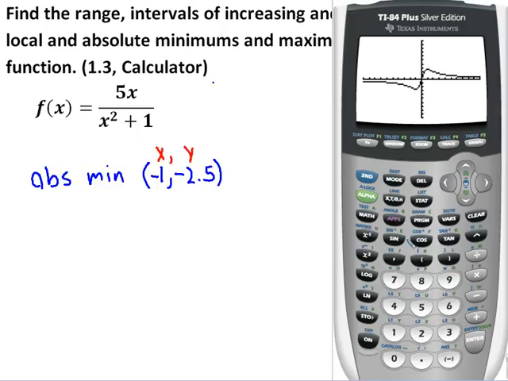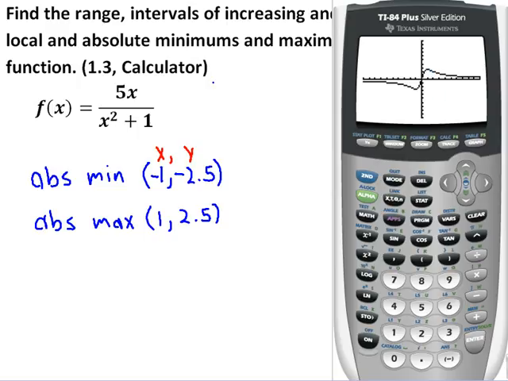And I'd say it's an absolute minimum because there's no point on the graph that goes below it. It's the lowest our graph goes in the y direction. We can say we have an absolute maximum as well at +1, +2.5. Because again, that's the highest my graph gets. There's no y values above that maximum.